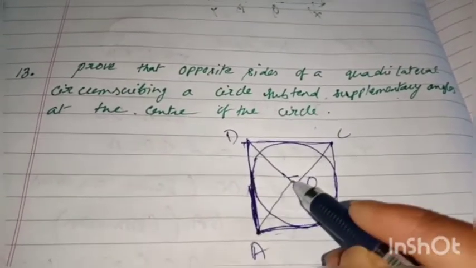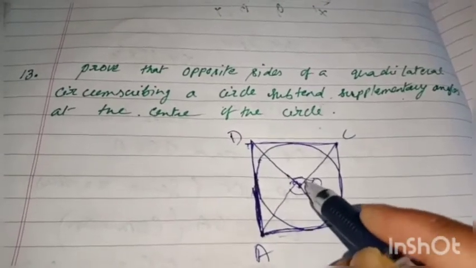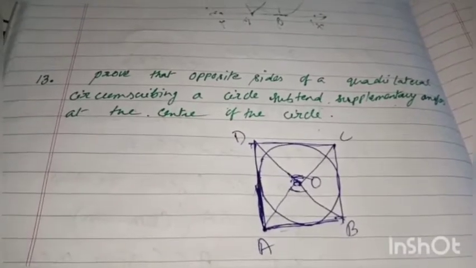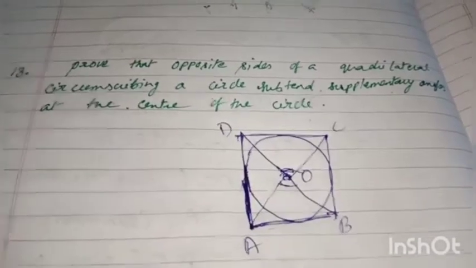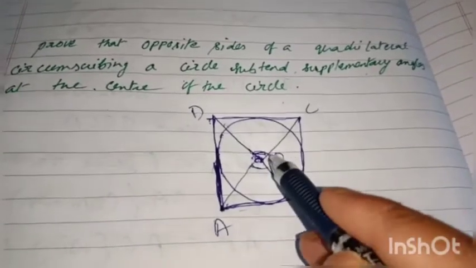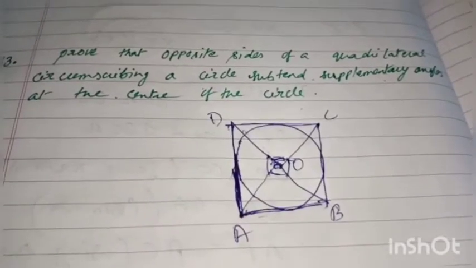AB. Subtend this angle or not? You need to prove that when you add these two angles, they are how much? Supplementary means how much? 180 degrees. Similarly, AD and BC, AOD and BOC, these two angles, when you add, they are also supplementary, meaning what? 180 degrees. So how do you prove it?